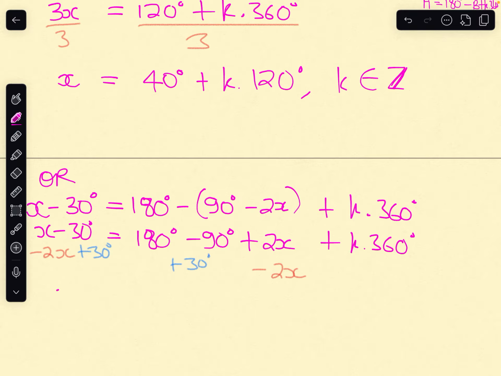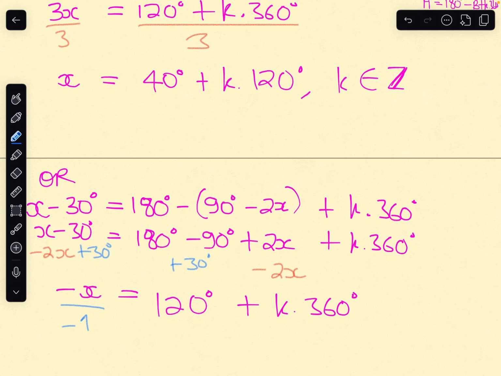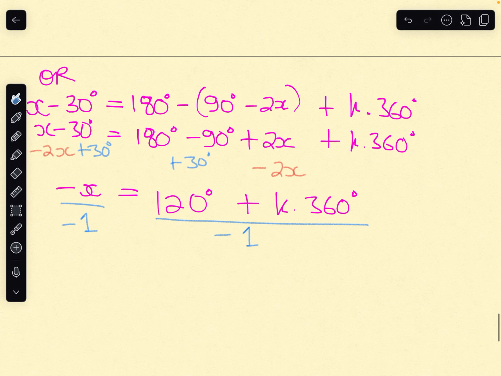So on the left we end up with negative x, and on the right we end up with 180 minus 90, which is 90, plus 30, which is 120, plus k360, and then we divide by negative 1, and we end up with x is equal to negative 120.